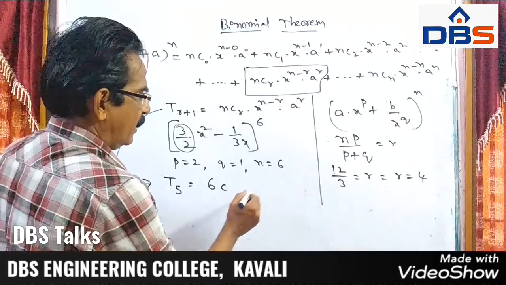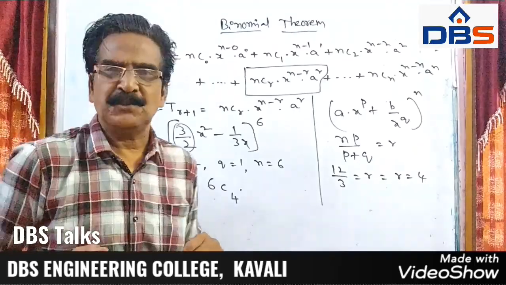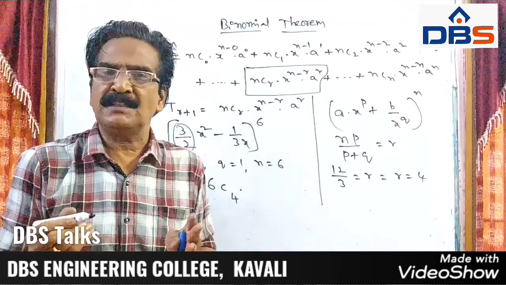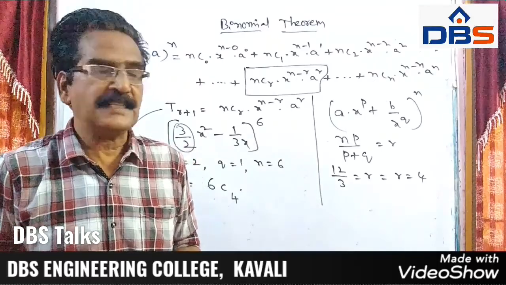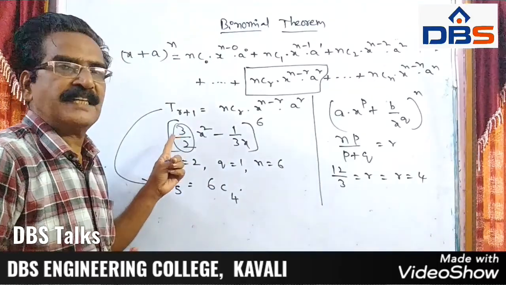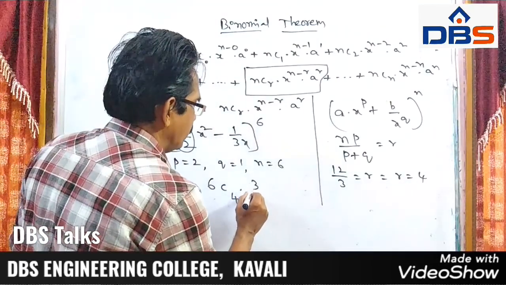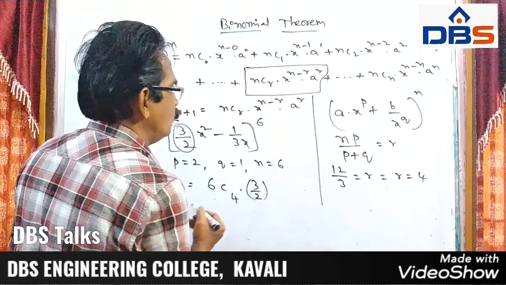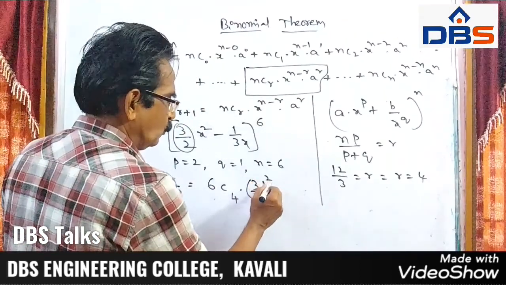nCr, that is 6C4, friends. We don't want x, because we want the term independent of x. But here we have to consider the constant term. 3 by 2 whole power n minus r, 6 minus 4, 2.